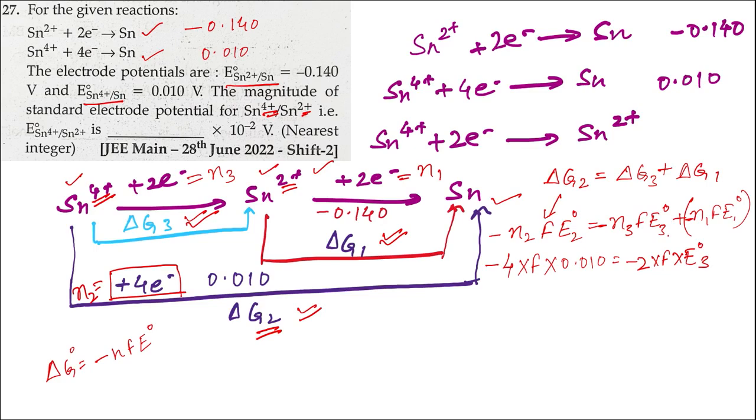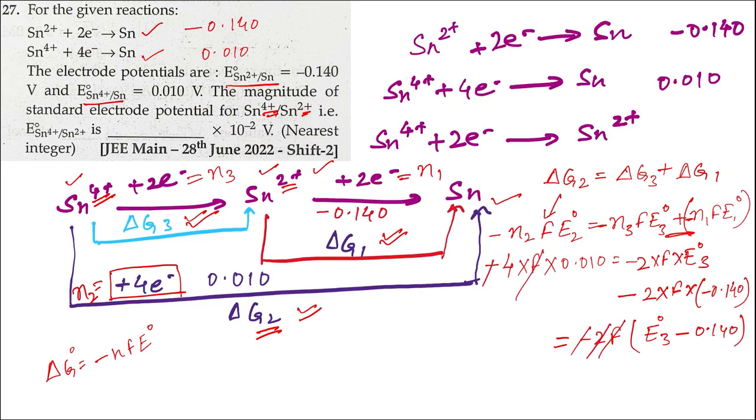Opening the bracket, this becomes minus n1, which is again 2, into F into E naught 1, which is minus 0.140. Taking minus 2F common on the right hand side, in the bracket what is left is E naught 3 minus 0.140. Now F cancels, the minus will cancel, and 2 2s are 4.